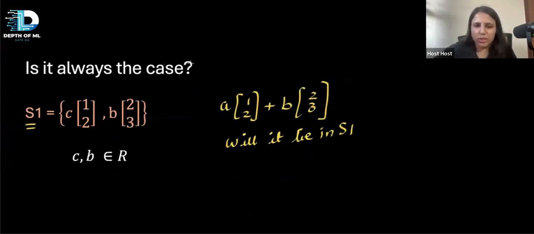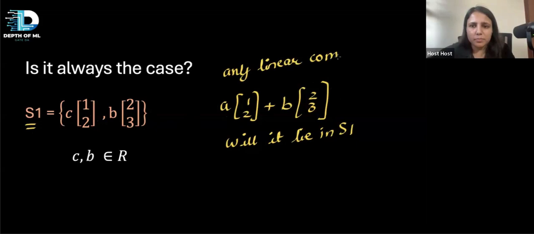My question is: I'm not taking 1 and 2, this vector and this vector, from R2. I have defined a new set of vectors, and I'm taking 1 and 2 from here, right? If I take any linear combination, will it still lie in S1? Let's say I want to do 3 and 5, right?